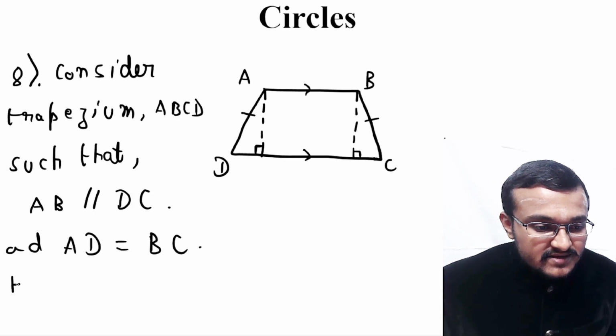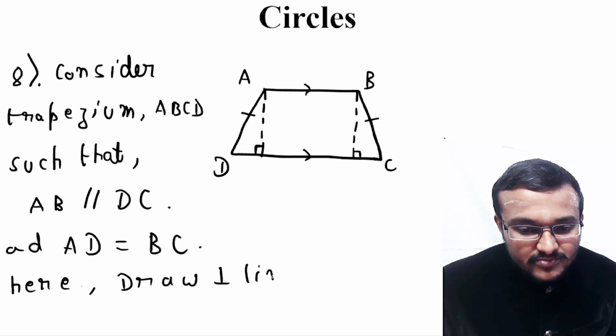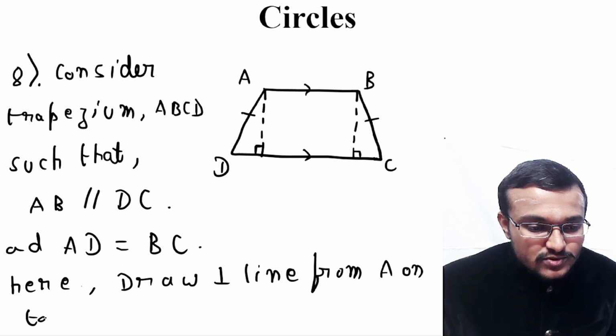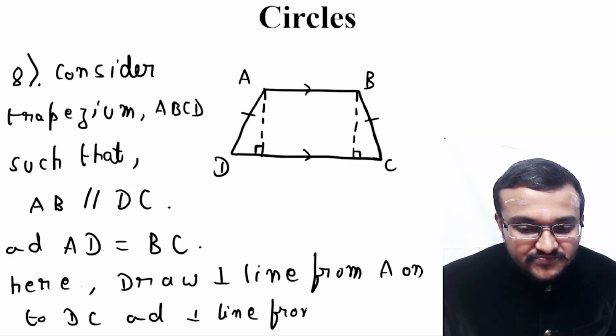So here draw a perpendicular line from A onto DC and a perpendicular line from B onto DC.